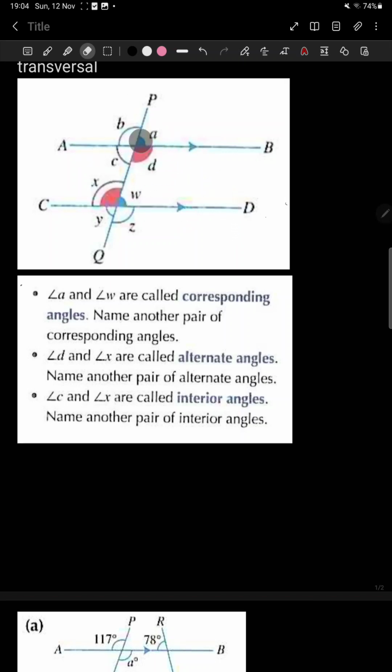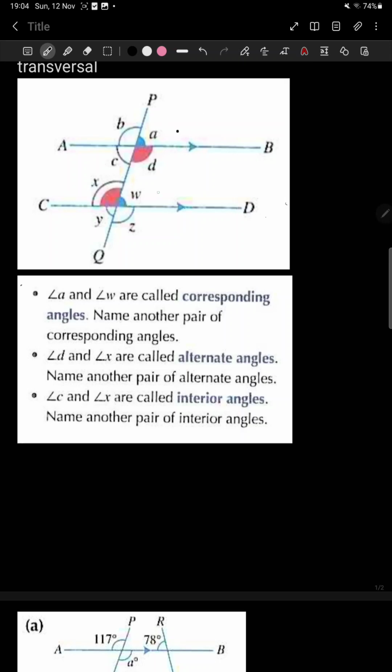Now the different angles are formed over here: angle A, angle B, angle C, and angle D. With the other parallel line, X, Y, Z, and W are the different angles. How are these angles related to each other?